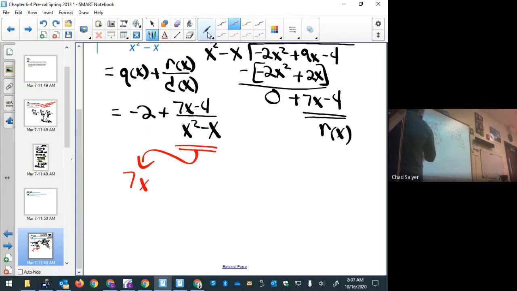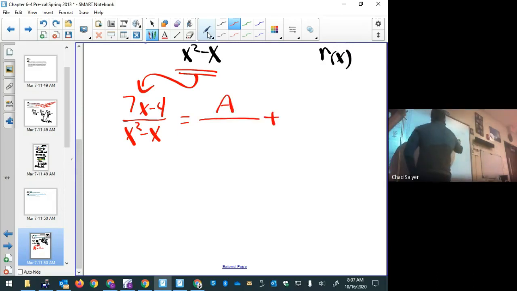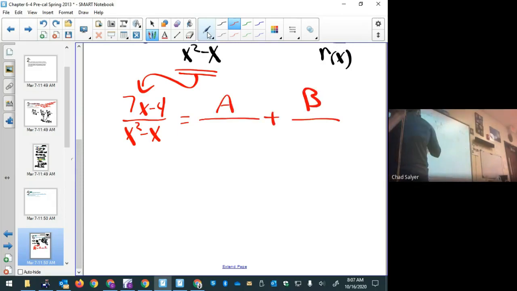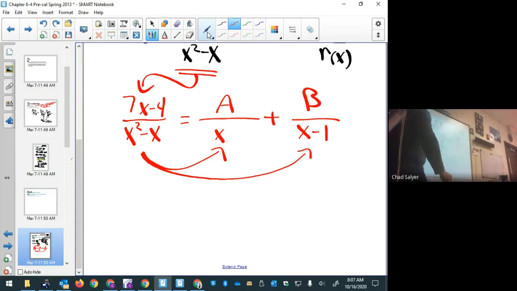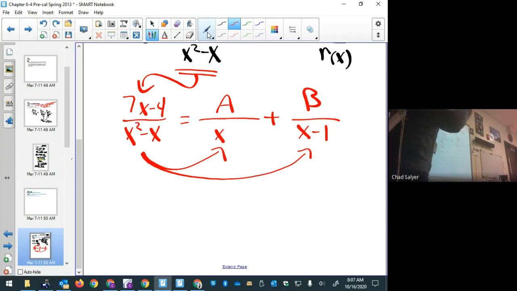So 7x minus 4 over x squared minus x is going to be equal to something plus something else, where the denominators are x and x minus 1. Take a second, make sure you know where I got those values. Let me know if you know. Okay, good deal. So x and x minus 1 are the factorization of this denominator. So now we're ready to rock and roll.